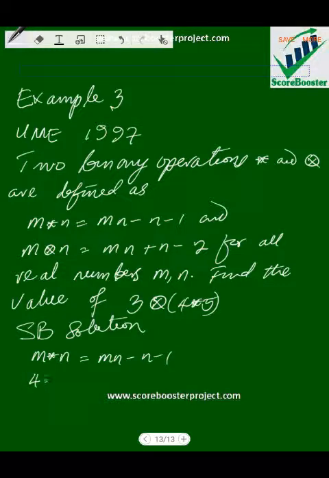So it's 4 star 5, which means my m is 4 and my n is 5. So I'm gonna have 4 times 5 minus 5 minus 1.